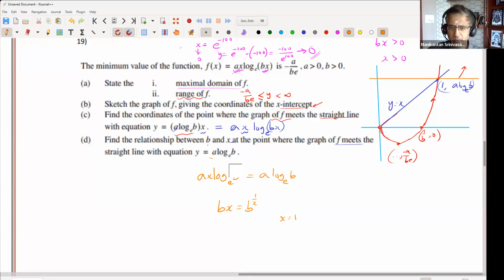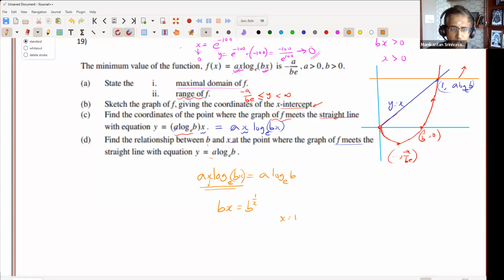So I think it's just asking us to equate f and this and simplify, I guess. Okay. So if we do that, ax times log bx equal to a log b to the base e. Let's do what you're suggesting.